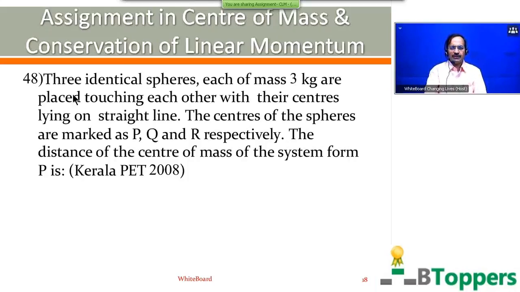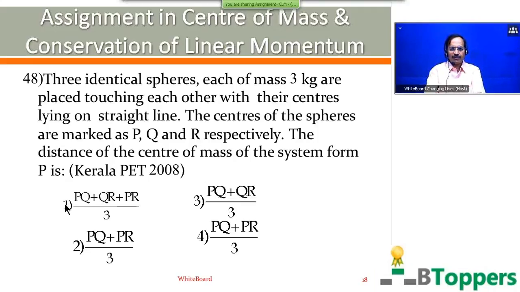3 identical spheres each of mass 3 kg are placed touching each other with their centers lying on a straight line. The centers of the spheres are marked as P, Q and R respectively. The distance of center of mass of the system from P is. Come on, try the question.